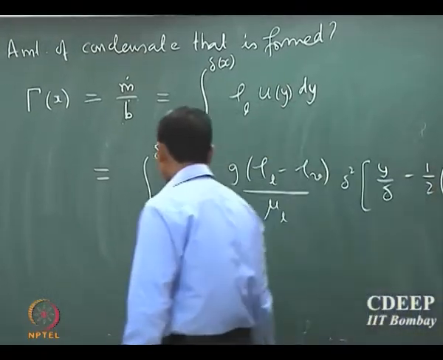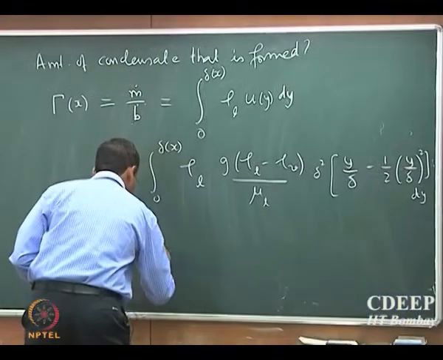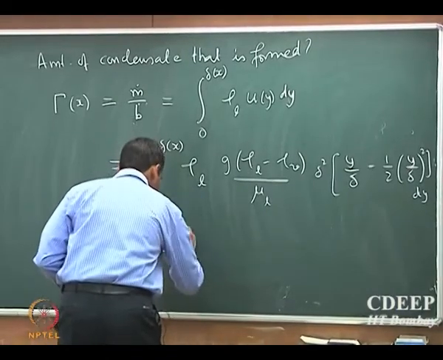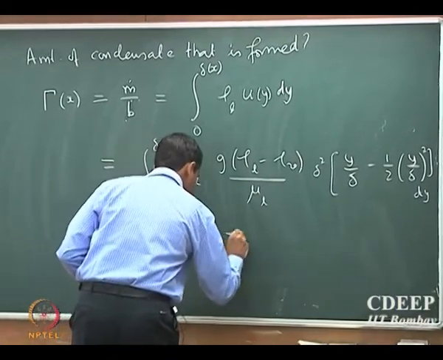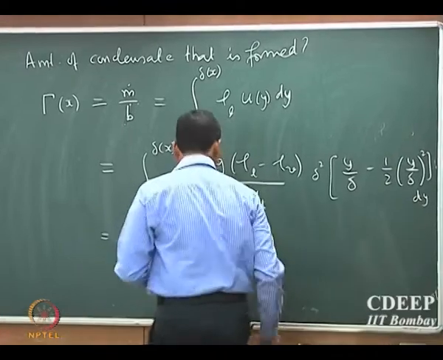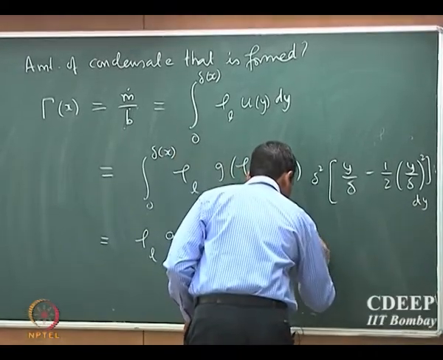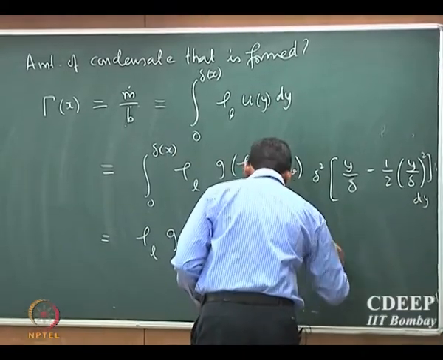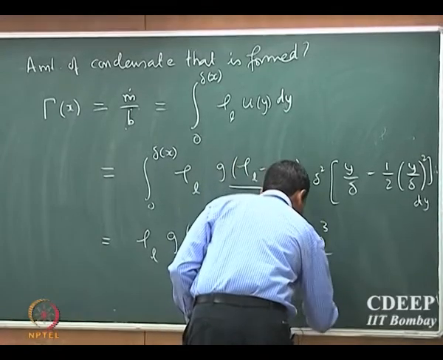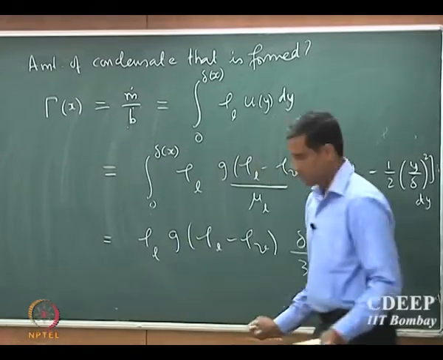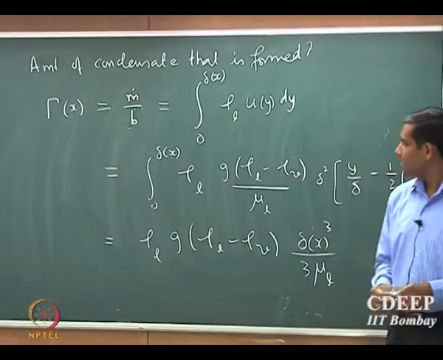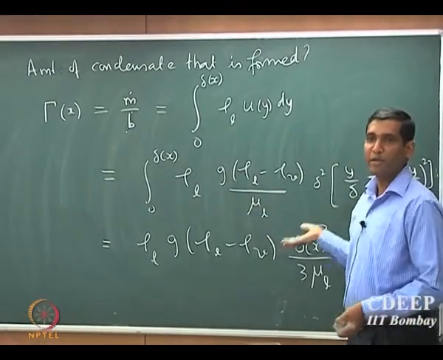We can integrate this expression. That turns out to be rho L into g into rho L minus rho V multiplied by delta x cube divided by 3 times mu L. All I have done is integrate between 0 and delta.